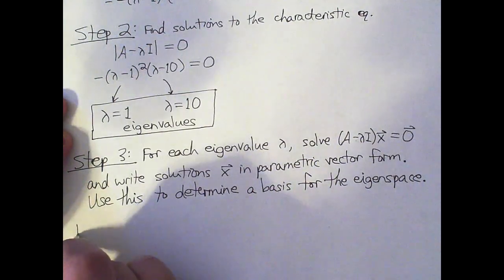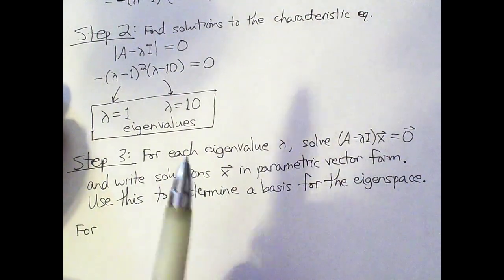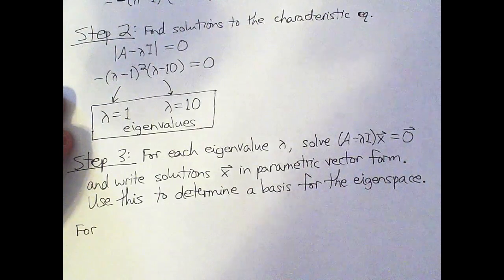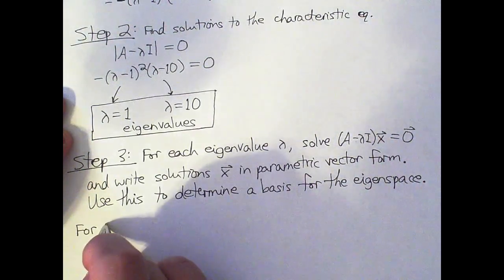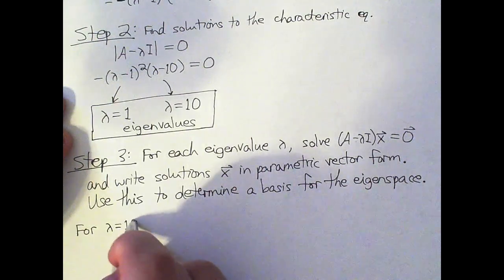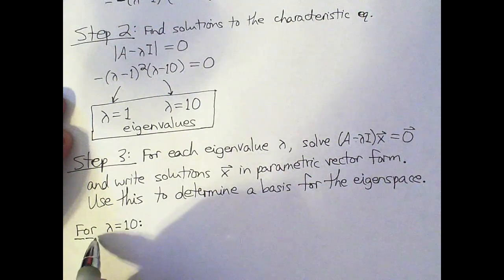Okay, so let's start doing this for lambda equals 1 or lambda equals 10. I'm going to start with lambda equals 10 because it doesn't matter which one we do first. And in my notes, I did lambda equals 10 first.